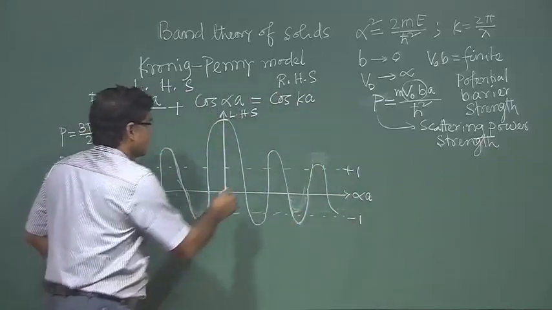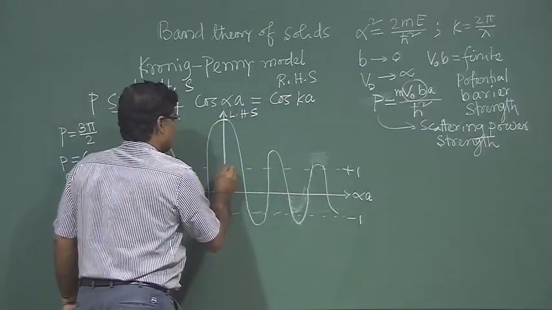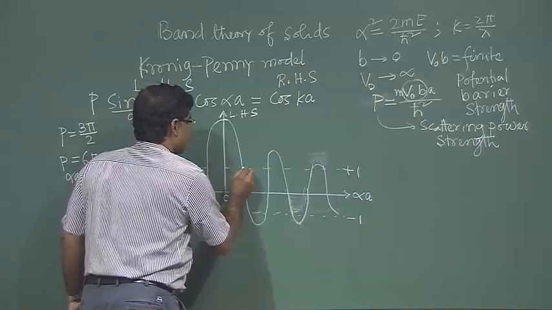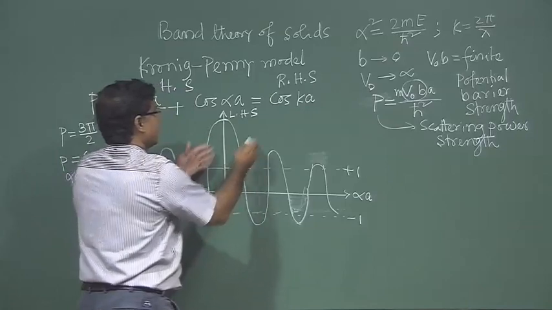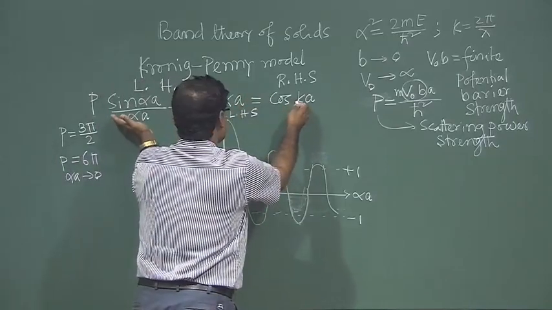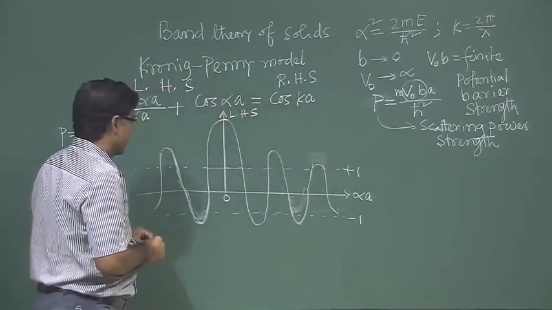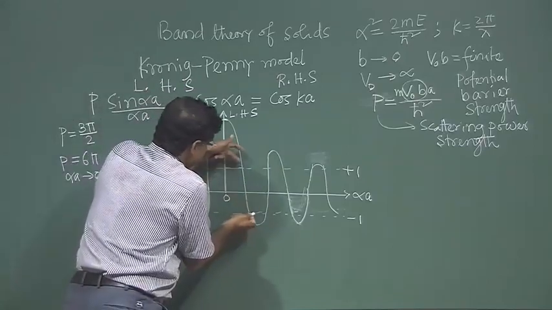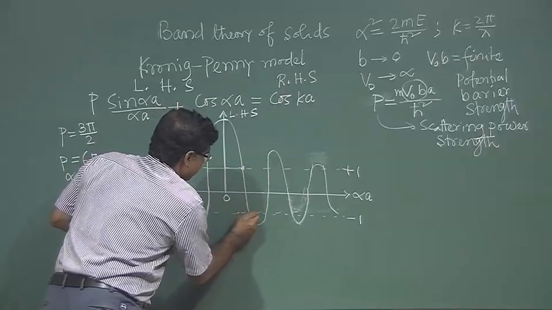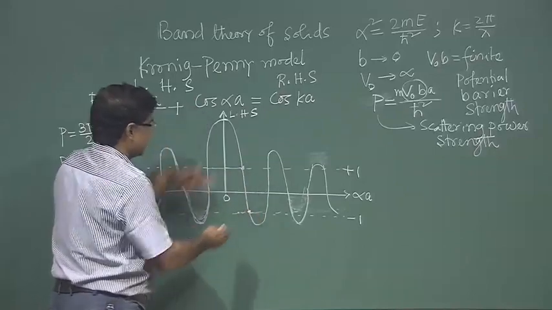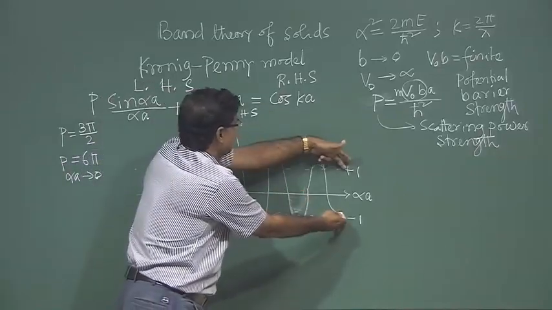So, these higher values are not allowed for satisfying this equation. Only this part is within the range plus 1 to minus 1.